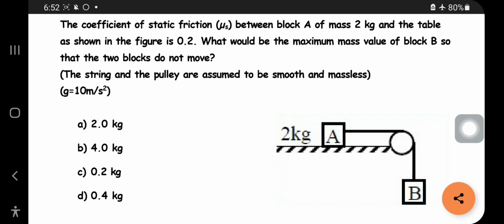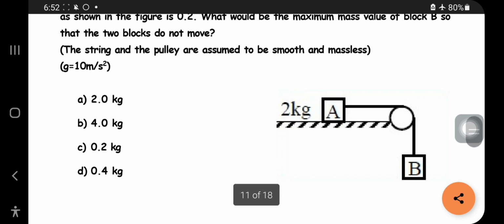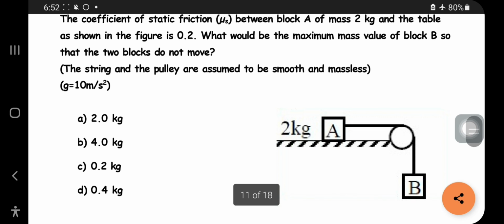So what are the forces acting in this case? Here tension is acting. See guys, if a string is there, the tension will always act away from the object. So tension is acting like this, tension is acting like this.